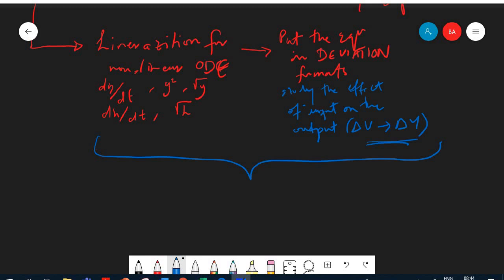Instead of doing it in two steps, we can do both linearization and putting it in deviation form in just one step. So that is what we are going to see here.